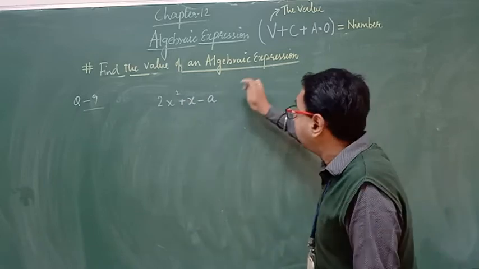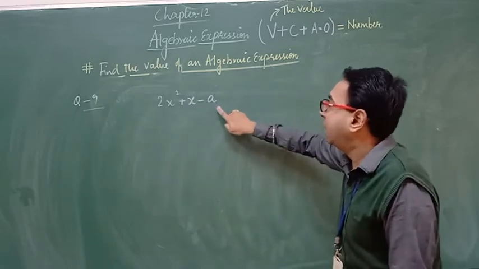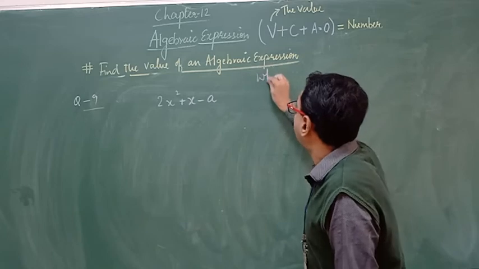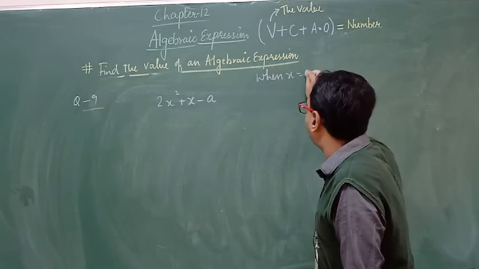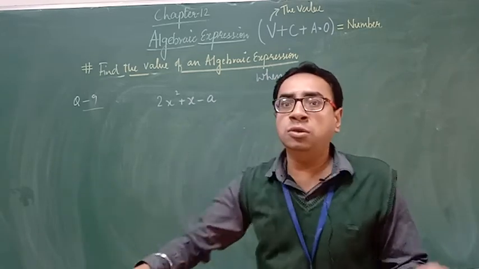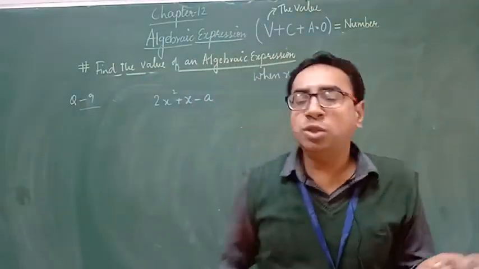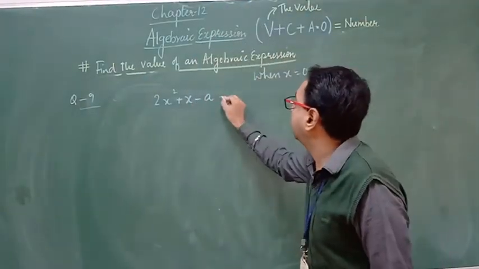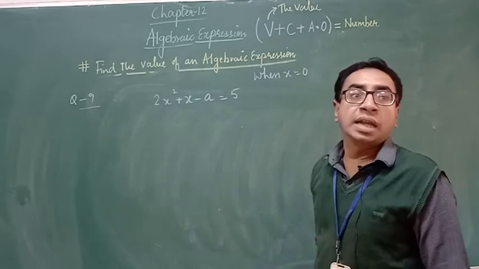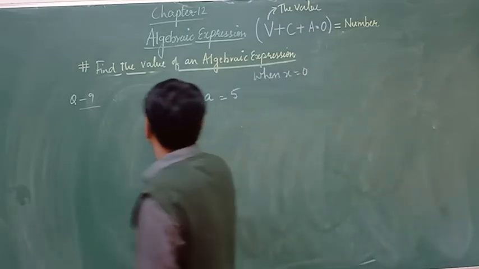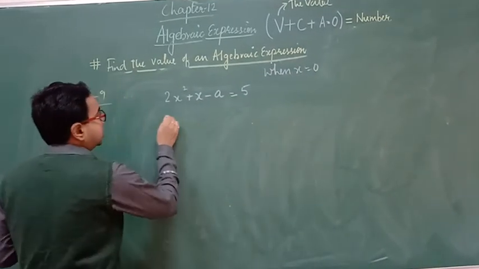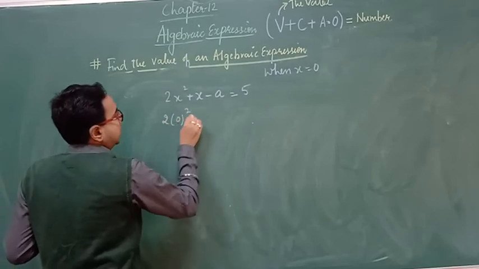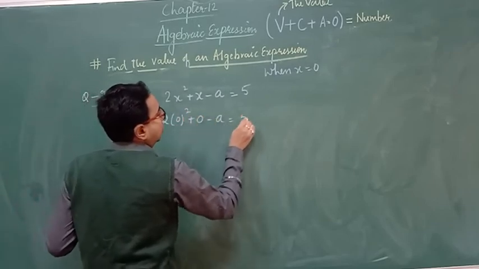Let's see. It is given clearly. What should be the value of a when x is equal to 0, so that this is equal to 5? Clear? Next, on substituting the value 0, let's put x is equal to 0. 2 times 0 square is 0, 0 minus a is equal to 5.